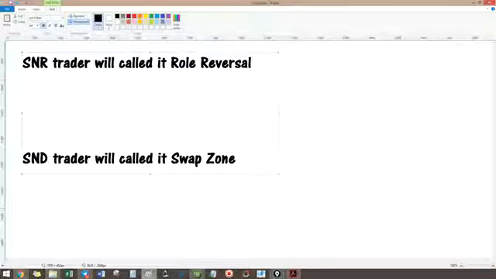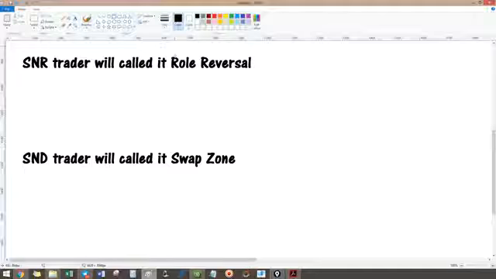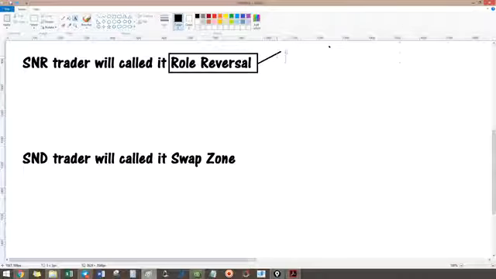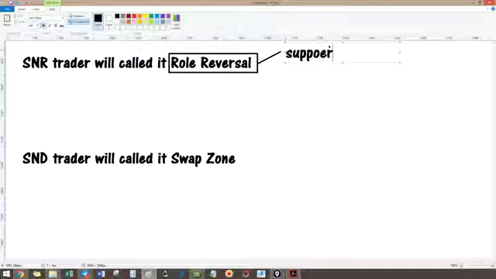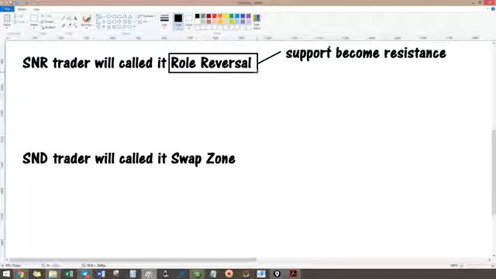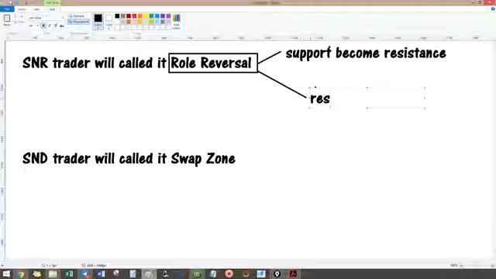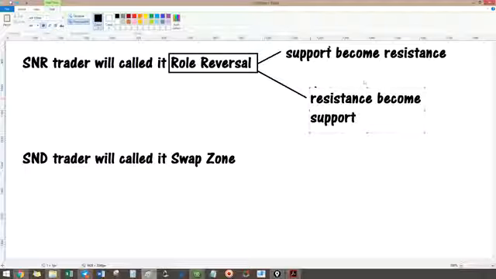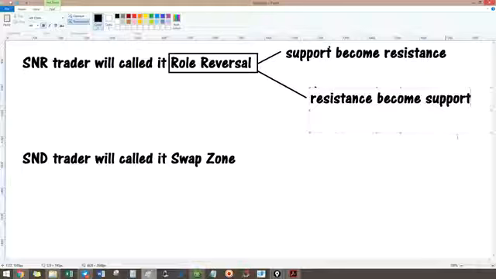For role reversal, you got two types. One is support becomes resistance. The other is resistance becomes support.